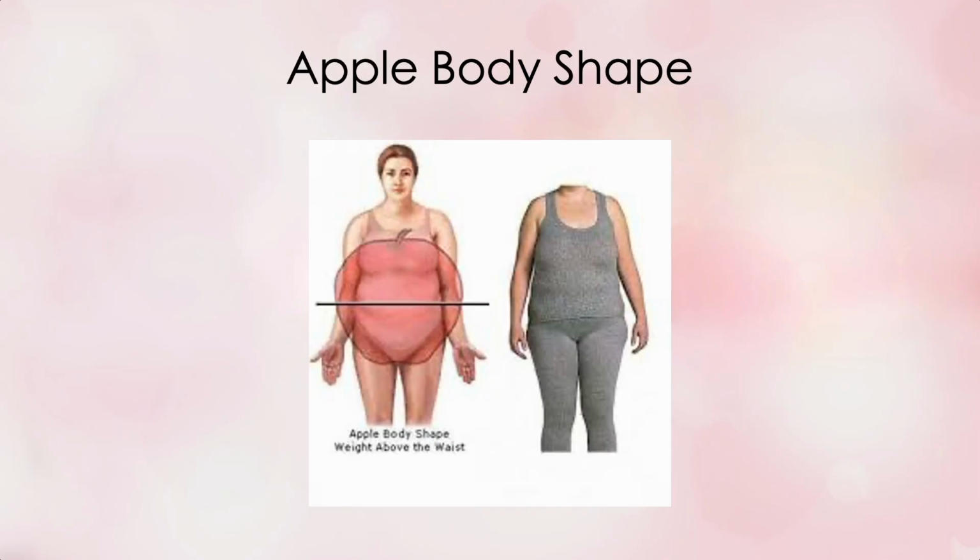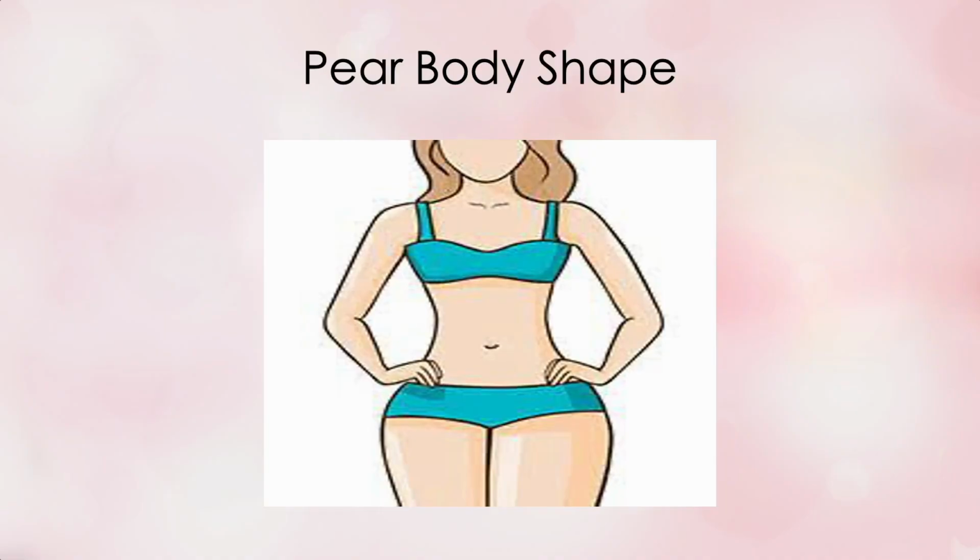They gain weight everywhere. And instead of having an hourglass shape, they may have more of an apple or pear shape. An apple shape is disproportionately more weight gain in your chest and abdomen. A pear shape is disproportionately more weight gain in your hips and thighs.